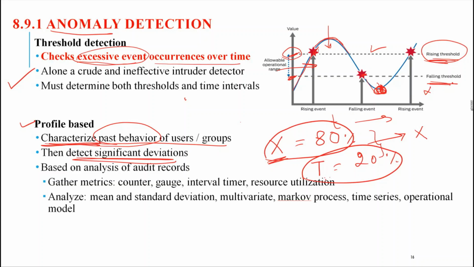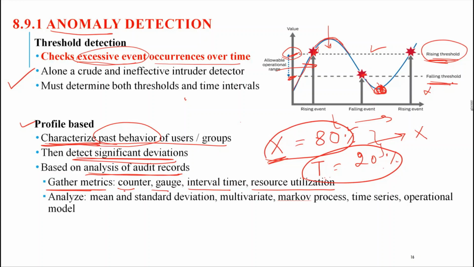Based on the analysis of the records, you analyze the past records of the particular user. Then you can measure things in different ways. These are different metrics: a counter, a gauge, an interval timer, resource utilization.